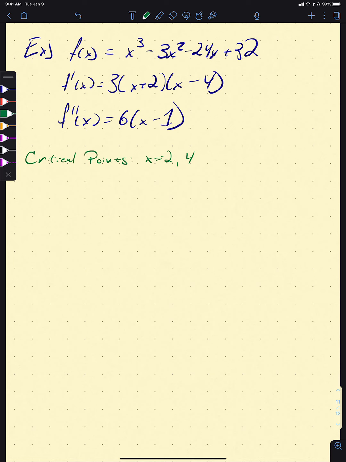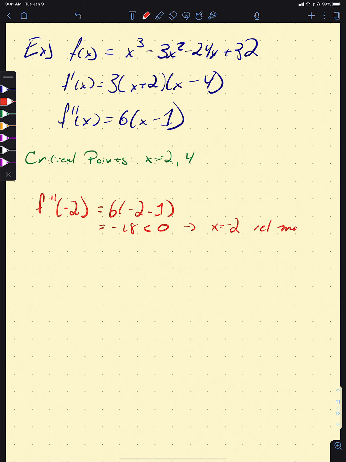Well, we can use the second derivative test for these, right? And calculate f double prime of, say, -2, which is 6 times (-2 minus 1), which is -18, which is less than 0. And since it's less than 0, x equals -2 needs to be a relative max, simply because our second derivative is negative, right?